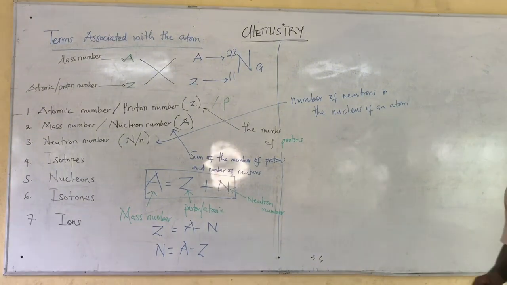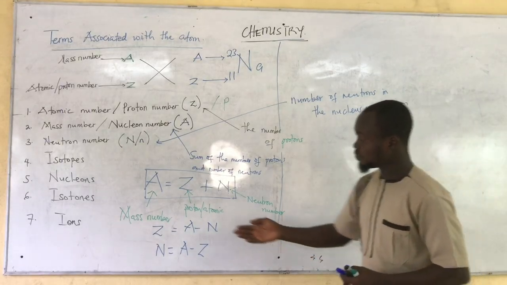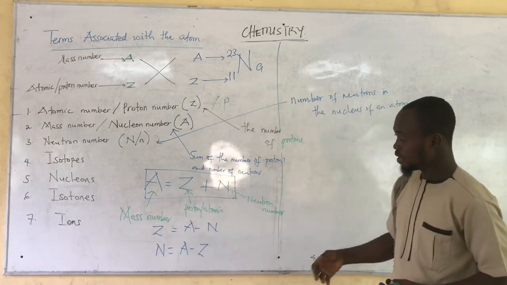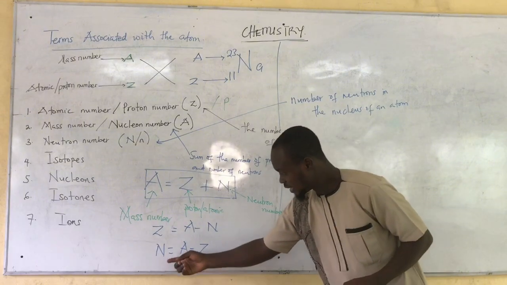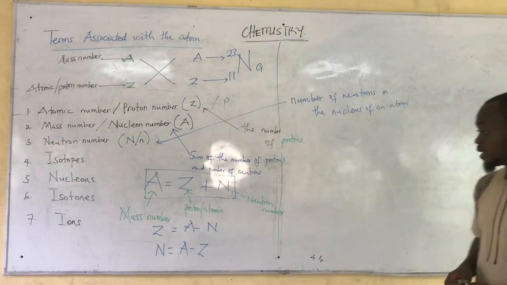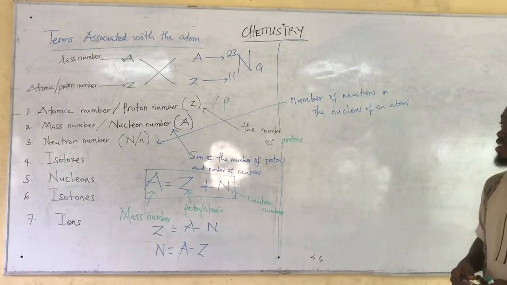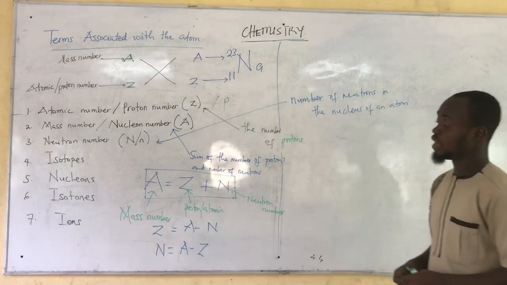That is the neutron number. And we can easily calculate the neutron number from the relation A is equal to Z plus N. Making the neutron number the subject, it is equal to the mass number minus the proton or atomic number. That is N is equal to A minus Z. That is it for the neutron number as well.